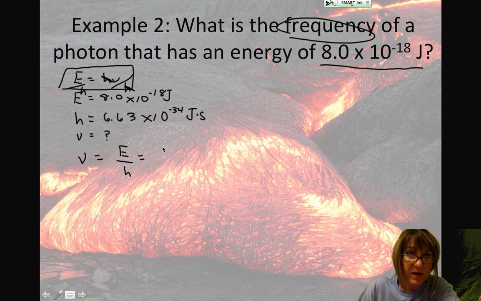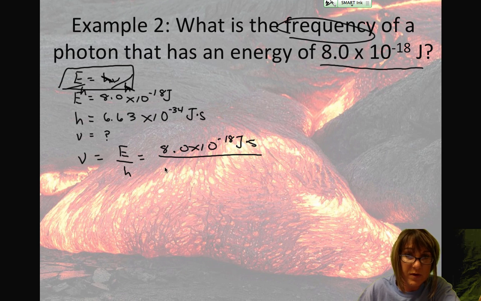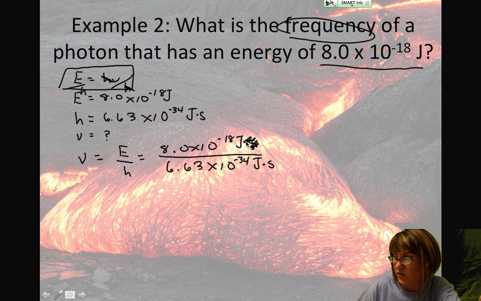Now I'm ready to put my numbers in. E was 8.0 times 10 to the minus 18 joules. And then h is always going to be the same number, 6.63 times 10 to the negative 34. Oh, shucks, I did that wrong. Joules times seconds is the units for Planck's constant. It's just joules for energy there.